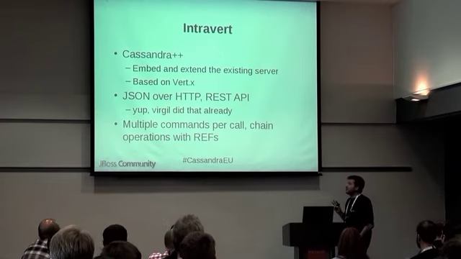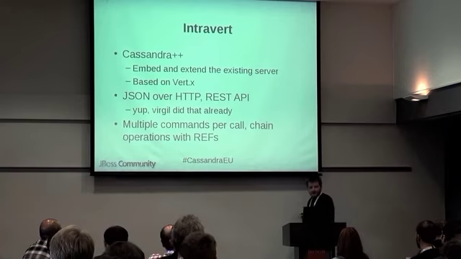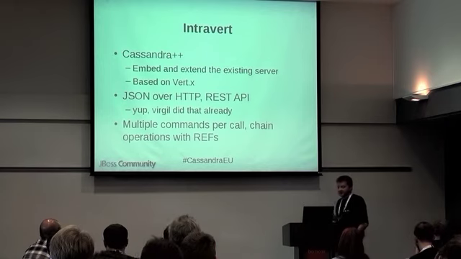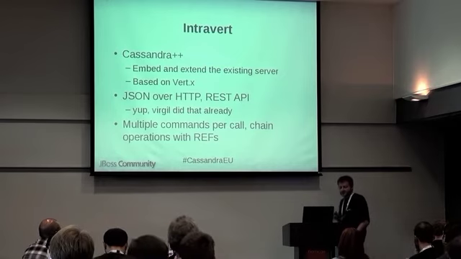It's kind of been done before. It's not absolutely novel and unique to Intravert. There's another project called Virgil that did this a little while back. But for our purposes, it's really not that interesting. We already have a perfectly good transport in the form of the native protocol to talk CQL3 to the server. We only need this extra transport where we want to express Intravert-specific operations.